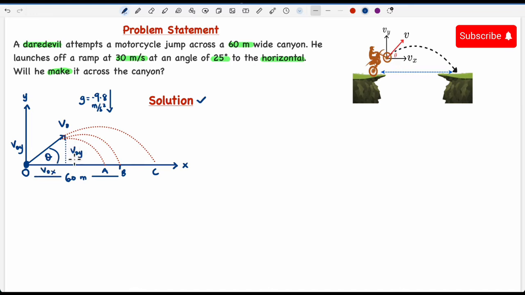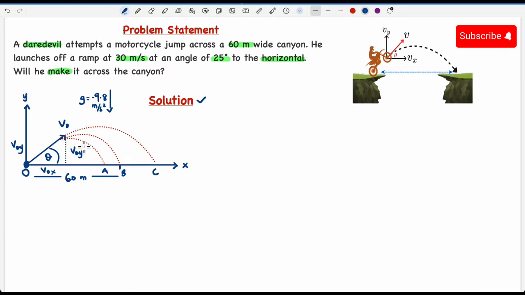To do that, we need to apply trigonometry. In applying trigonometry, we can develop a right triangle because this is a vector that makes an angle with our reference axis, that is the horizontal axis. And then we can resolve this vector into its horizontal component and the vertical component. So applying the trigonometric functions, look at this triangle here.